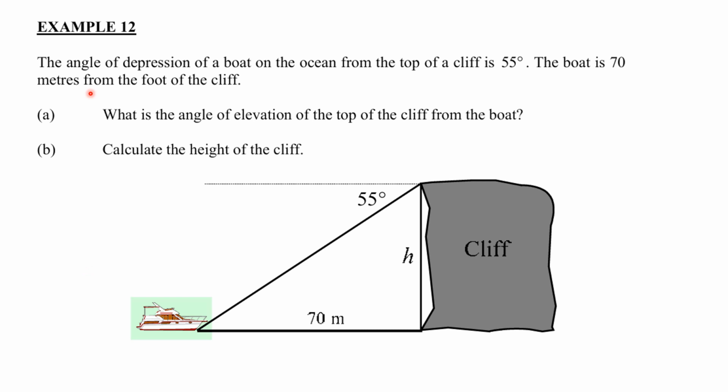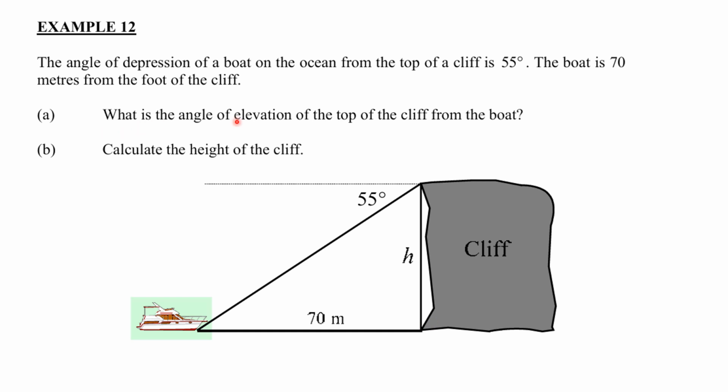So, example 12 reads that the angle of depression of a boat on the ocean from the top of a cliff, which is up there, is 55 degrees. So we have that angle of depression there between the boat and the top of the cliff. Okay, then they say that the boat is 70 meters from the foot of the cliff, and so the distance between the boat and the foot of the cliff is 70 meters.